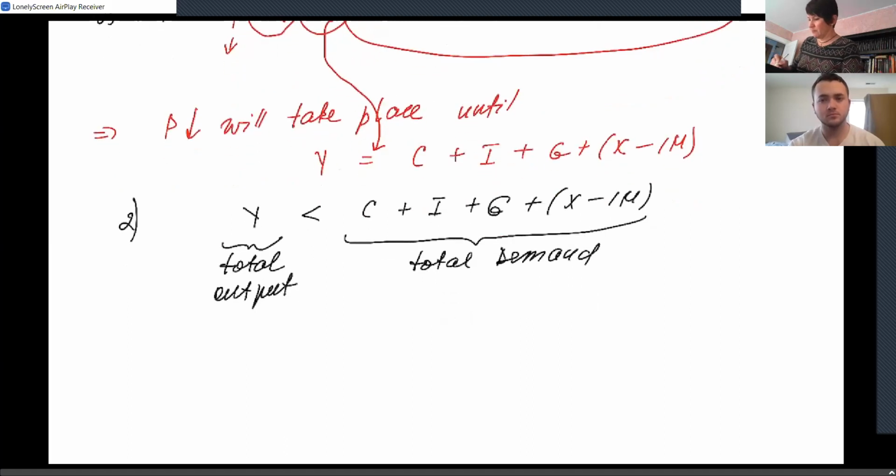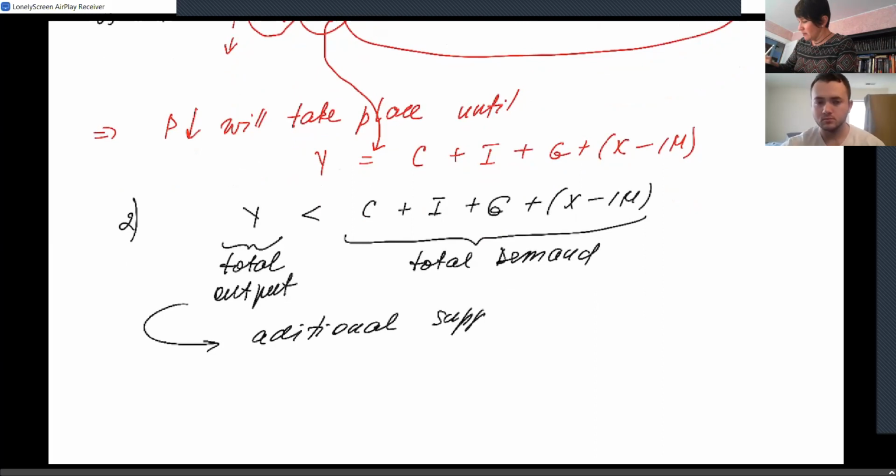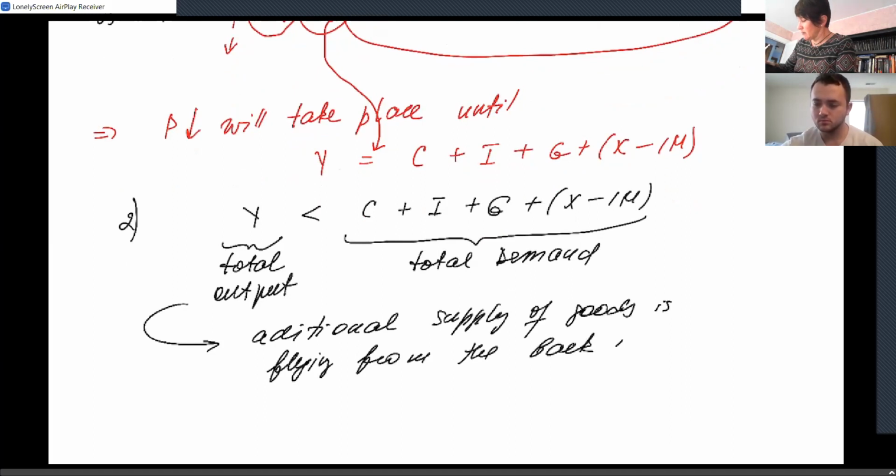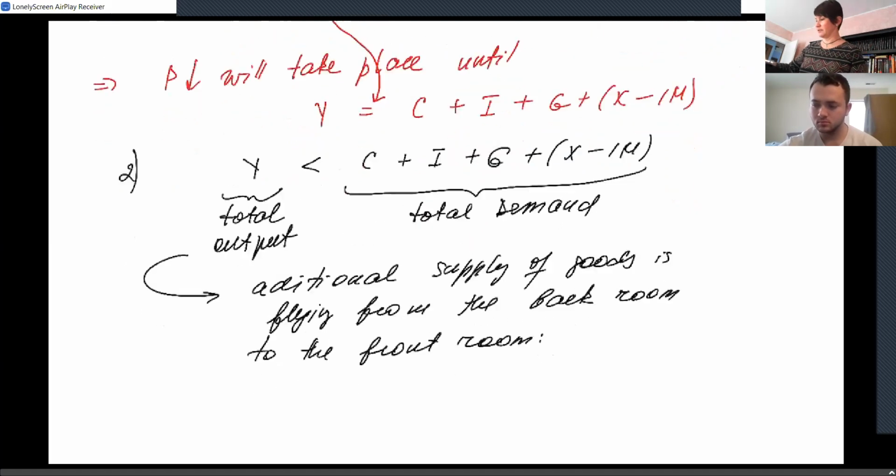Okay, first, let's document that. Additional merchandise, supply of goods is flying from the back room to the front room, day after day after day.